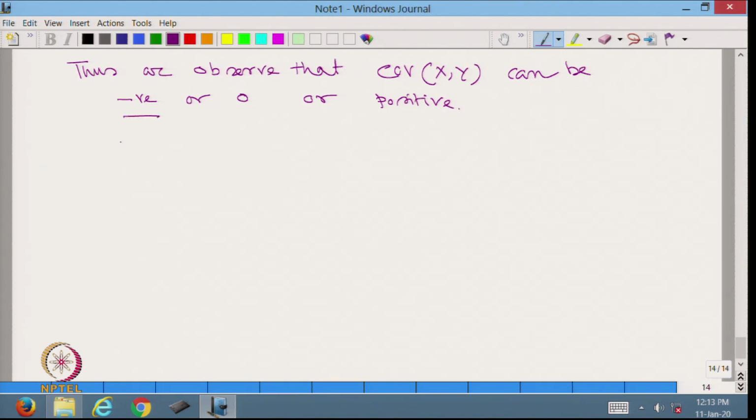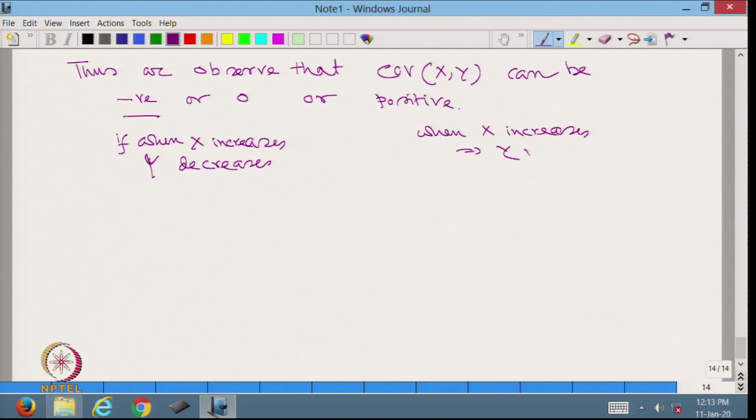It is going to be negative when x increases but y decreases, it is positive when x increases implies y increases, and it is going to be 0 when independent.